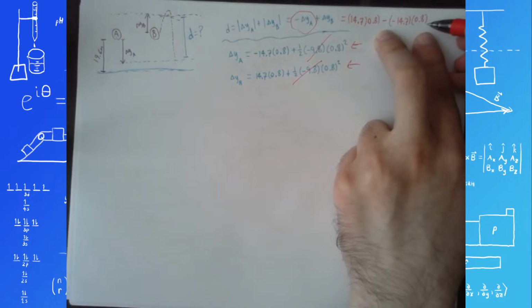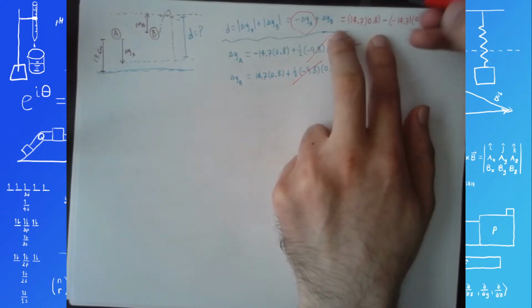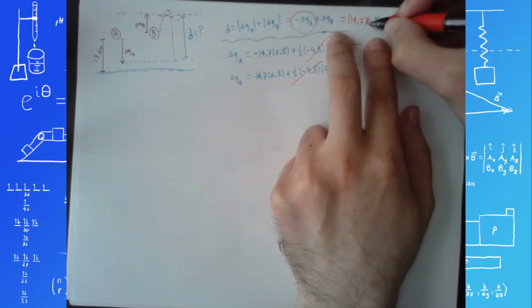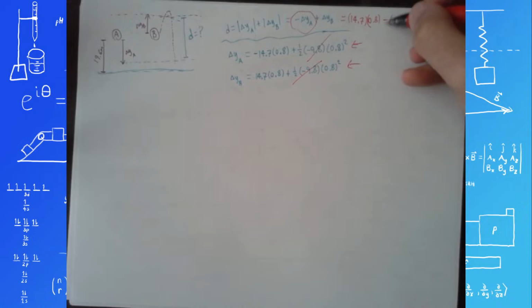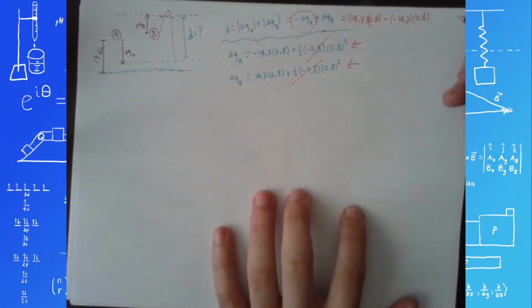I wrote it on the right hand side, and then the plus delta YB is over here on the left, and I forgot an opening parenthesis there. Okay, so factor out the 0.8, and actually this double minus becomes a plus, so I would just have 2 times 14.7 times 0.8. 2 times 14.7 times 0.8 is 23.52.